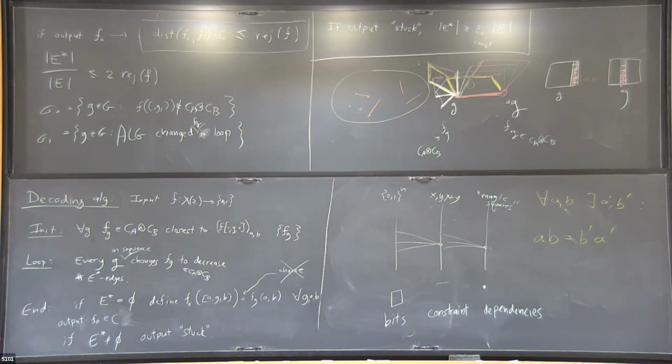That would be great. Another question: as we said before, it seems like your decoding algorithm doesn't work up to distance delta over 2, but up to distance something like delta over A times B. So this is also a question: what's the distance where you can prove you can decode? Yes, that's a good question.